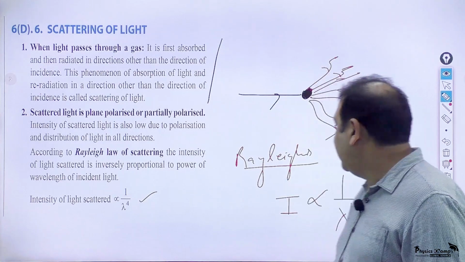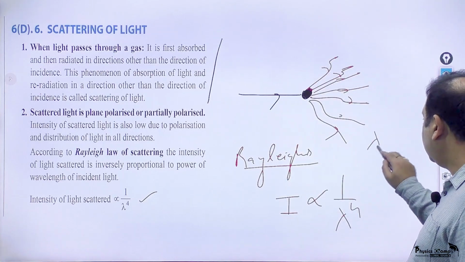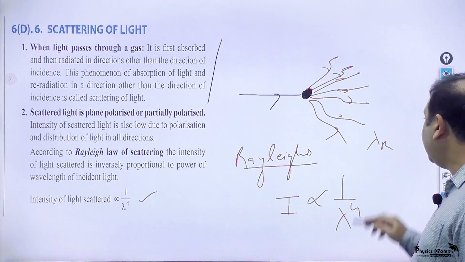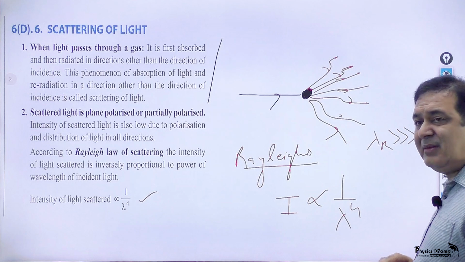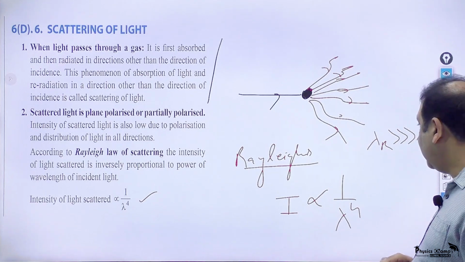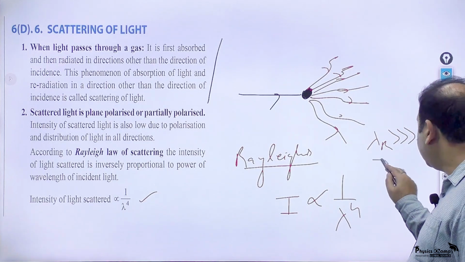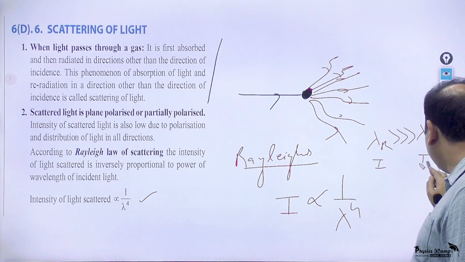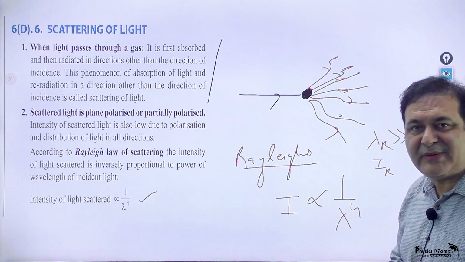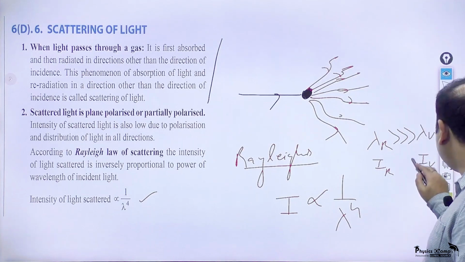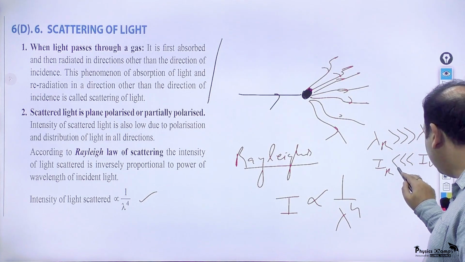We know the wavelength of red color is the highest and the wavelength of violet color is the minimum. So if I ask which color out of violet and red will scatter the most by the gas particles, our answer is just the reverse.